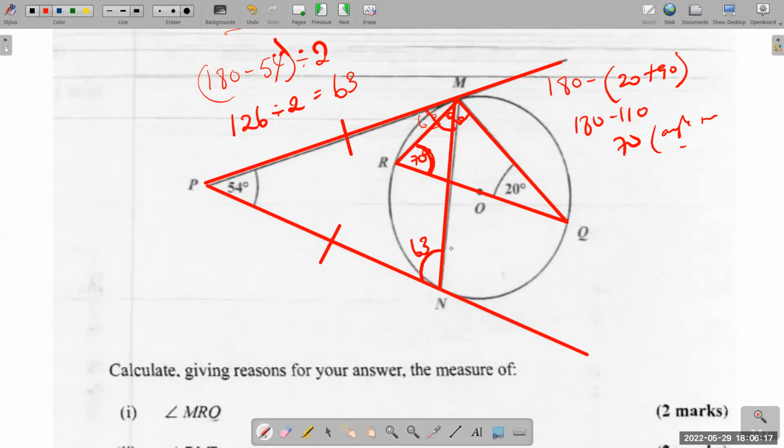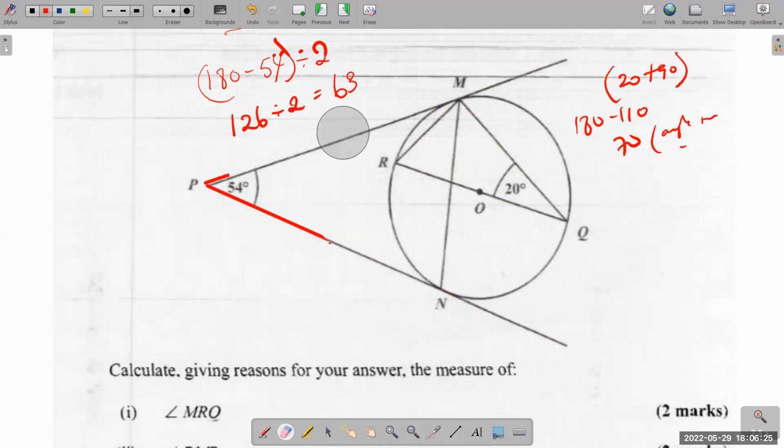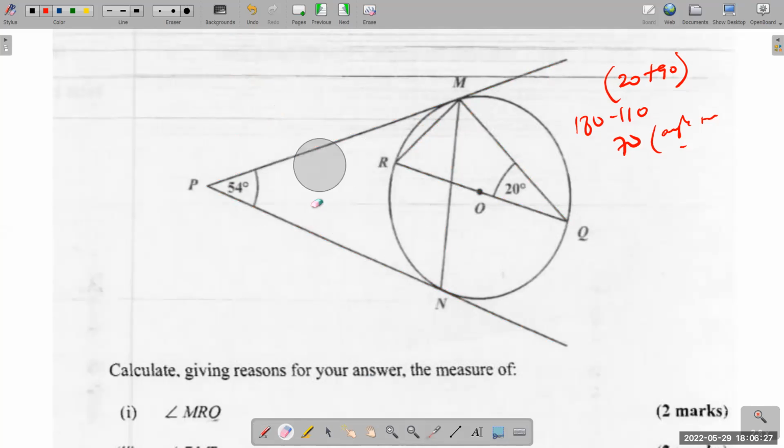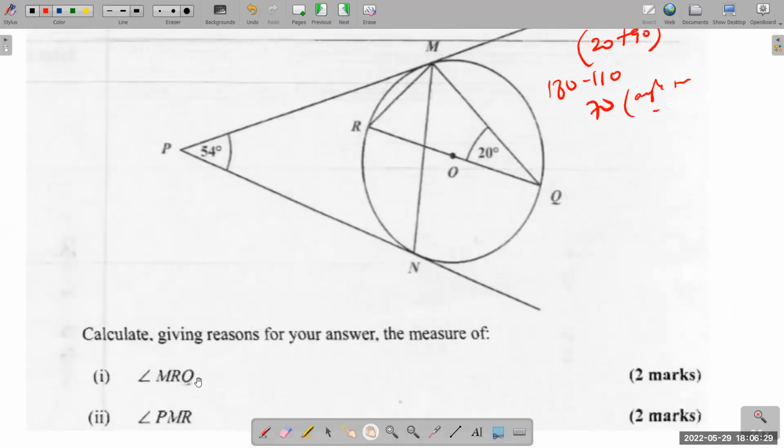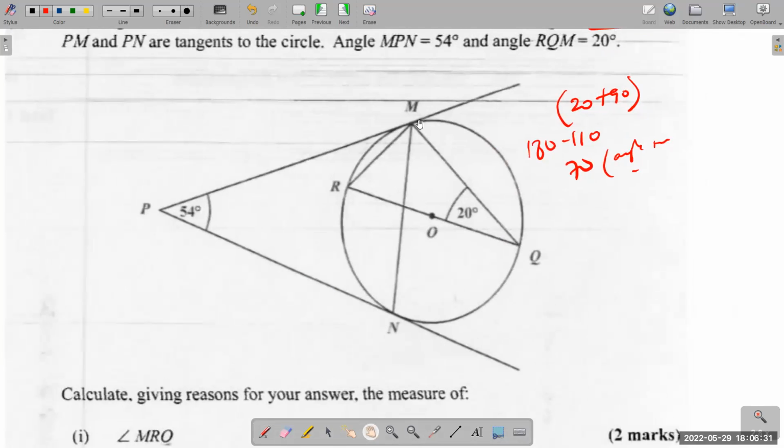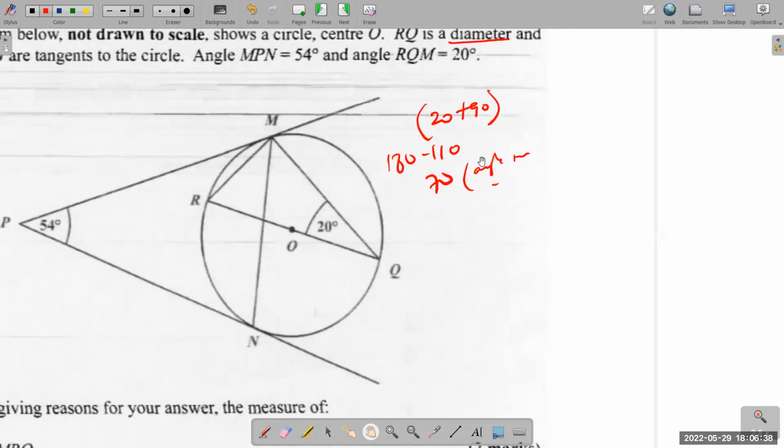All right. So now let's look at the question, see what they're asking us for. So I'm going to erase all of this. This is just to open up your eyes to the process and the information. So let's go. MRO. Where is that? That's the first thing we find in it. Boom. Same thing.